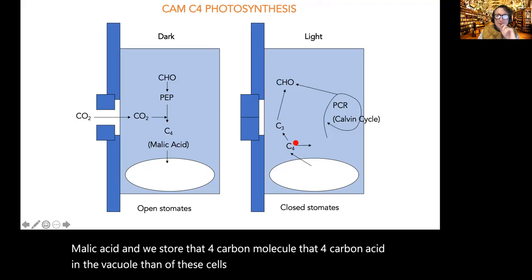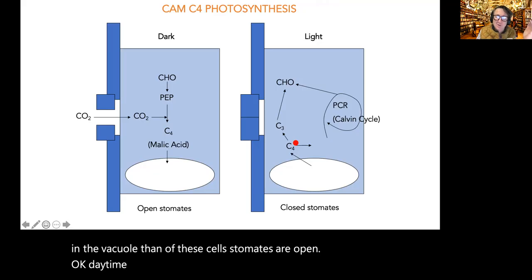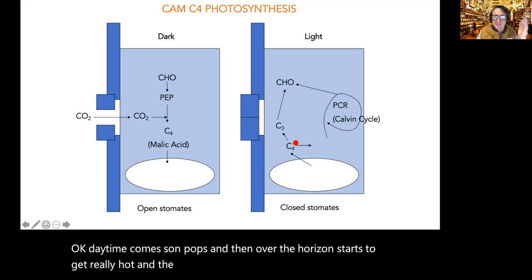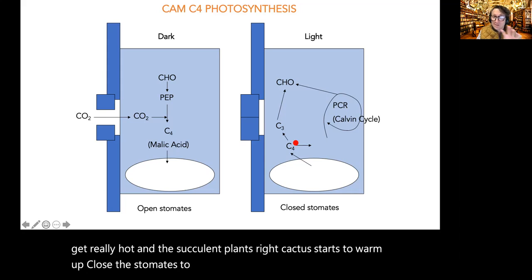Stomates are open. Okay, daytime comes. Sun pops on, and over the horizon it starts to get really hot on these succulent plants, right? Cactus starts to warm up. Close the stomates to lower our rate of water loss, so we limit our water loss.